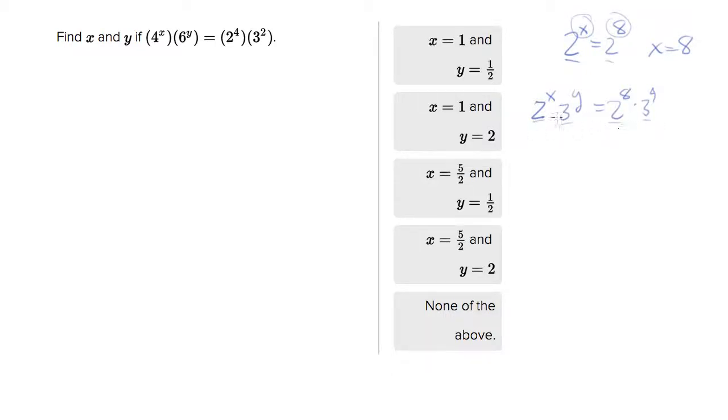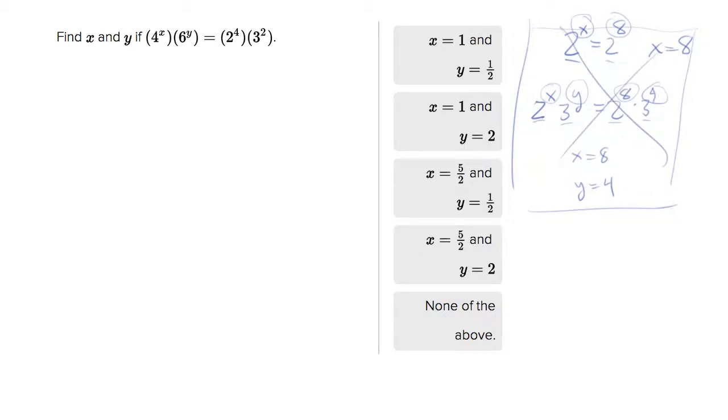But as long as they're all prime bases, you can infer that the exponent for each base must be equivalent. So we want the exponent on the 2's to be equal, so you can infer x equals 8, and the exponent on the 3's must be equal, so you can infer y equals 4. Now, I just made up numbers to show you that concept, so don't use that.